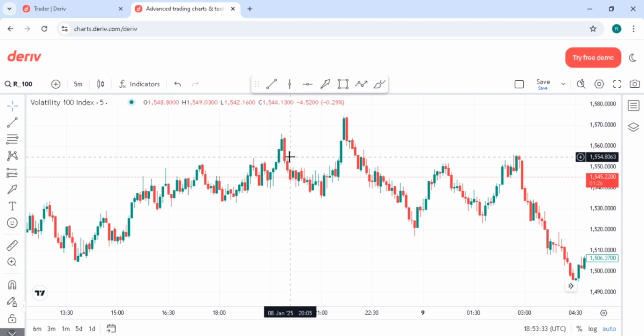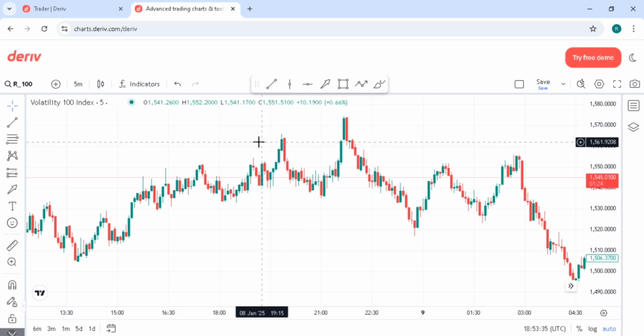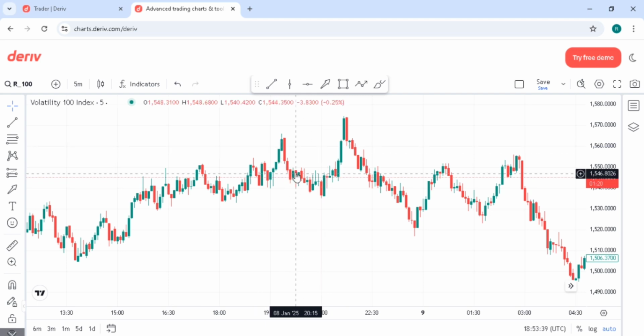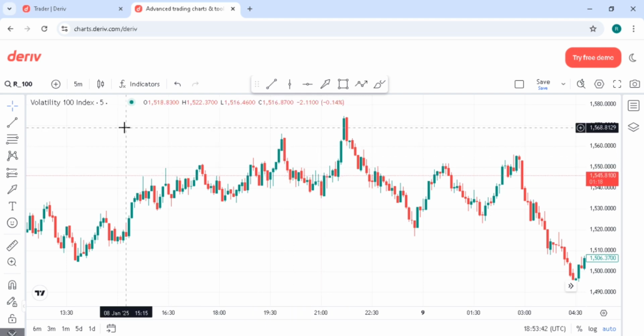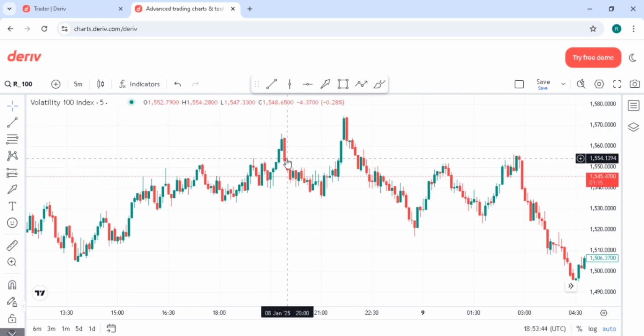Okay, so this is a bearish engulfing pattern, a normal one. This is the 5 minutes time frame. So if you entered a trade here, using this candlestick, you would make a profit.